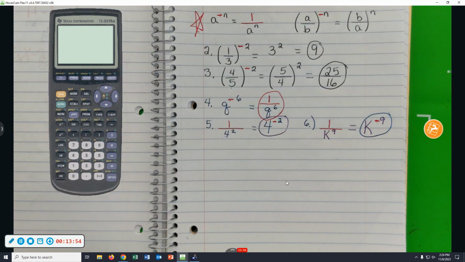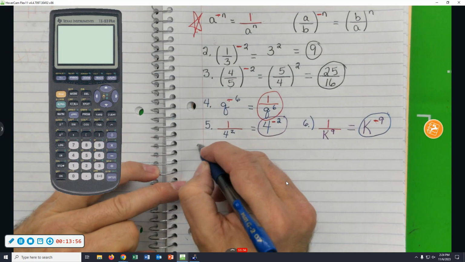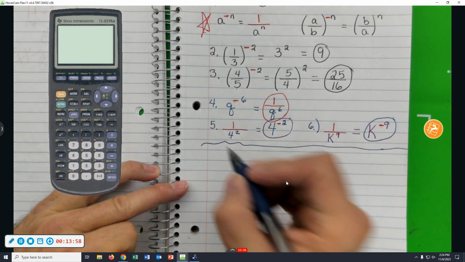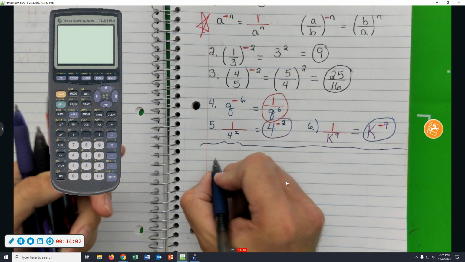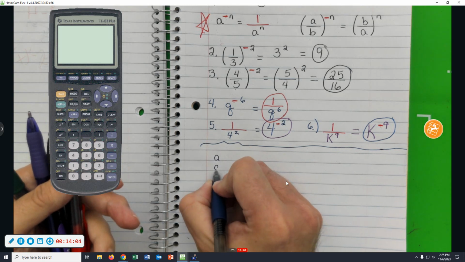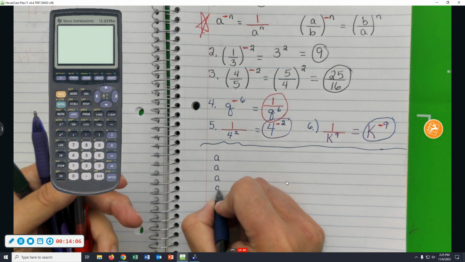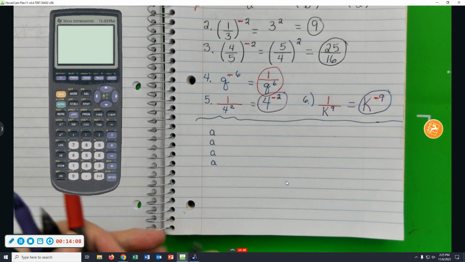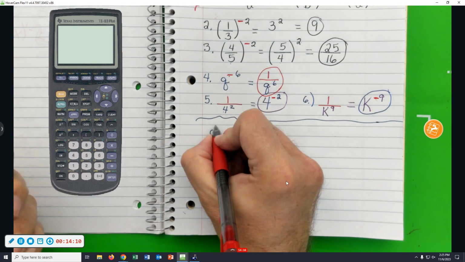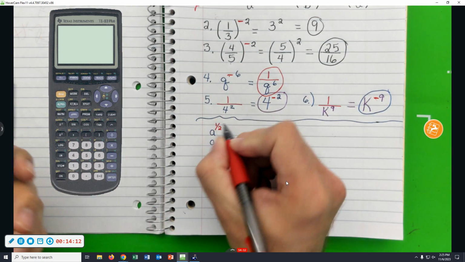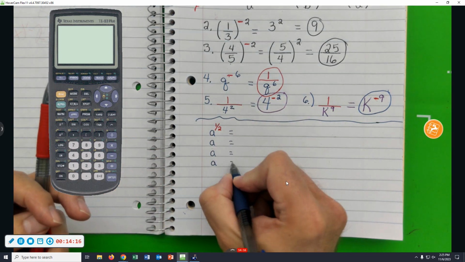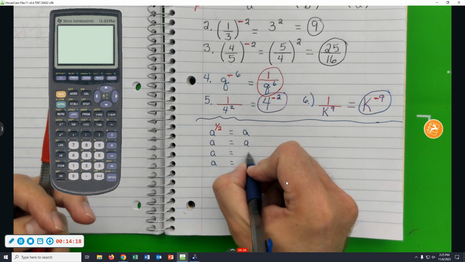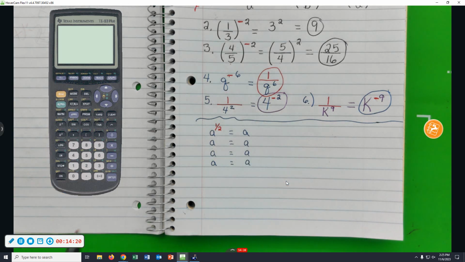Okay, here's another rule. I'm not going to call this a new rule because we've already seen these. I'm defining what I mean by a 1/2 exponent. I think we saw that when we were solving rational and radical equations.